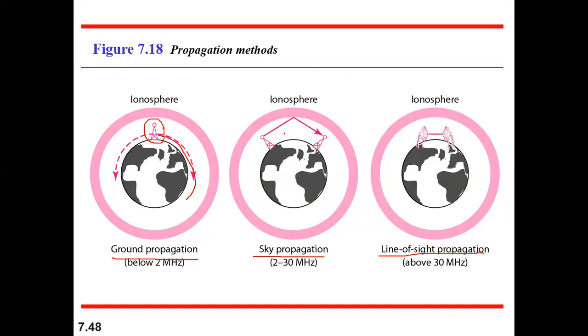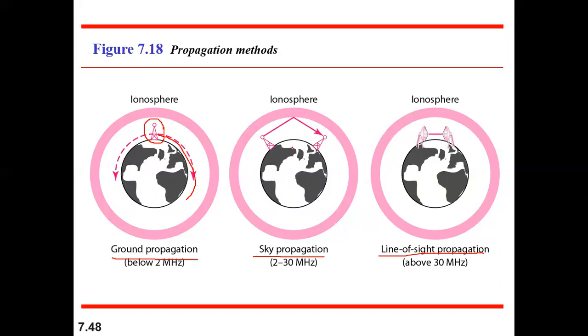All right, so here, normally the signals are directed upward towards the ionosphere. Now, ionosphere is a layer in the atmosphere where all the particles exist in form of ions.